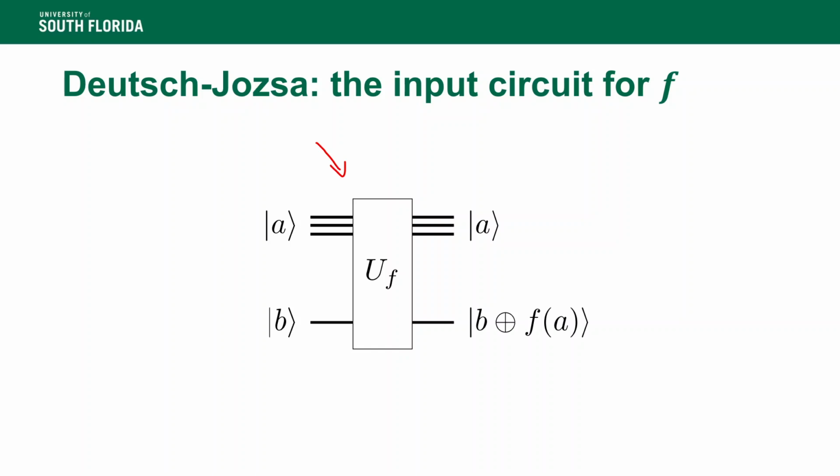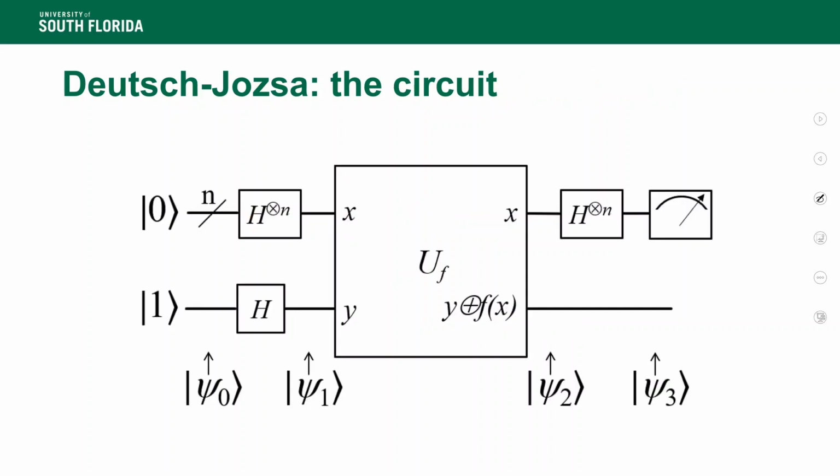So here we have our n qubit state. Now, what happens? We will do the exact same thing as before. We will push a 0, this time on n qubits, and a 1 on the last qubit.